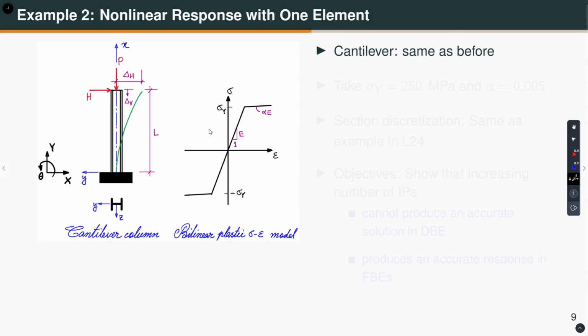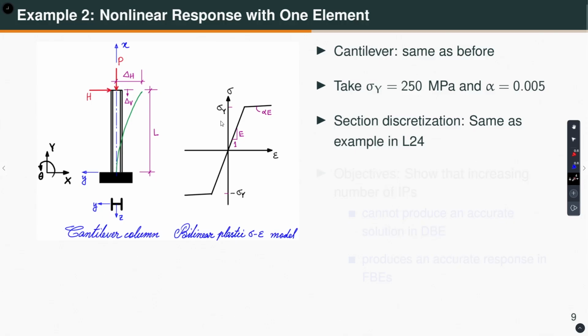Again I take the same cantilever with gravity load P and horizontal load H, which we will apply through a displacement control mode, and now the material sigma-epsilon response is like this, which has an alpha, the strain hardening ratio. I already had it, but did not use it. Alpha is 0.005, Fy is 250, and section discretization is same as lecture number 24.